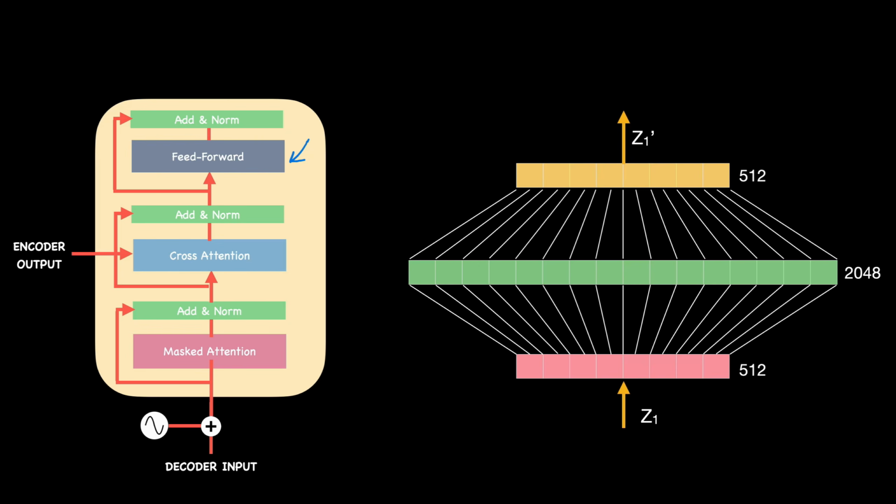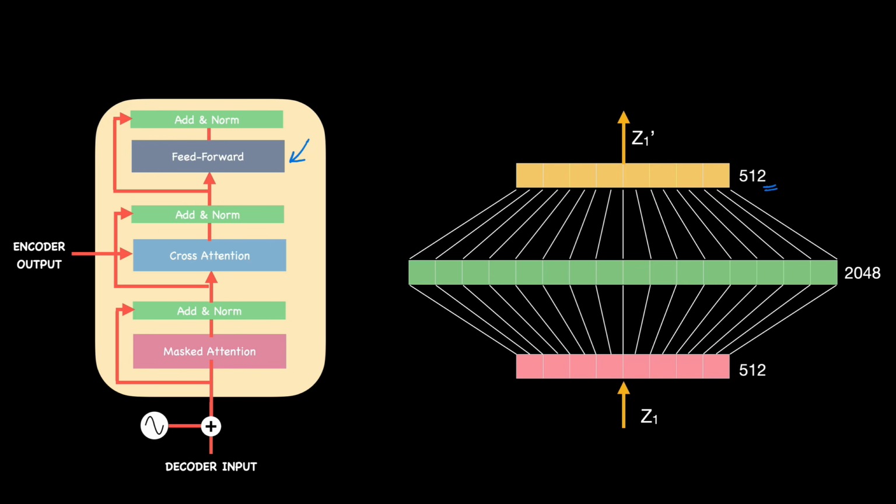This expansion to higher dimension is done to capture richer and more complex features from the input which lower dimensions could not capture. It also adds more parameters to the model, allowing the model to learn complex data. And the reason why we reduce it back to 512 dimensions is because we want to keep the size consistent at 512 dimensions no matter which layer we are at.